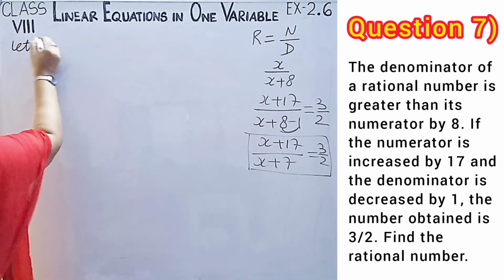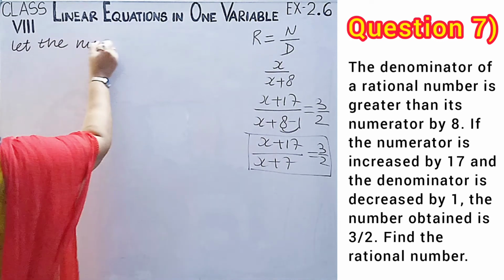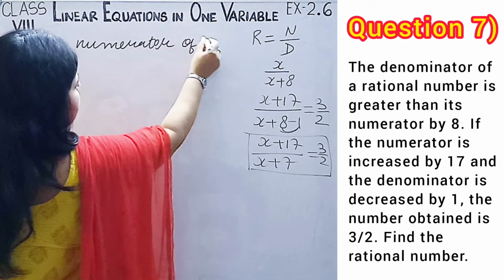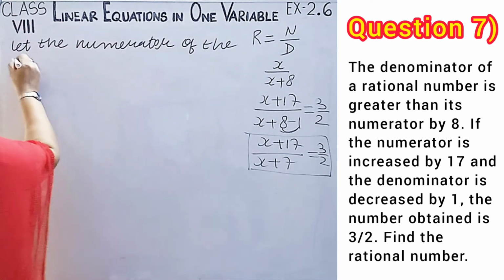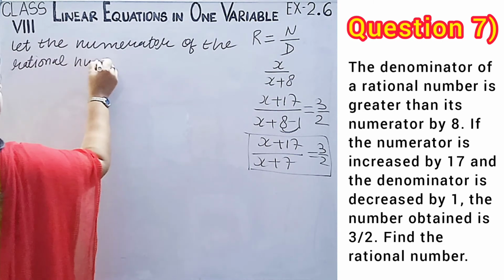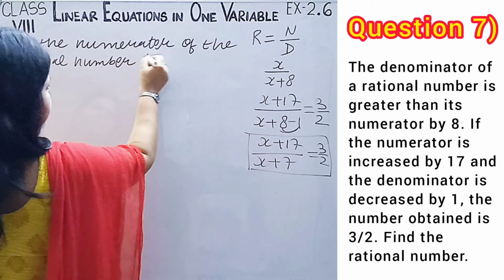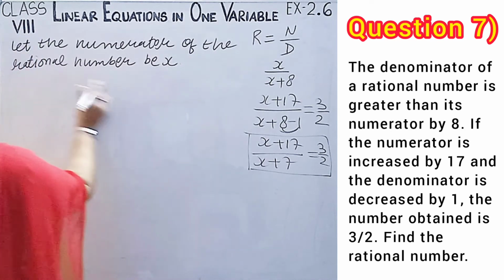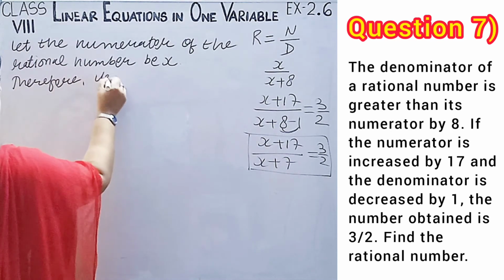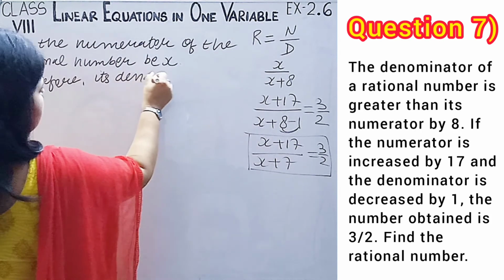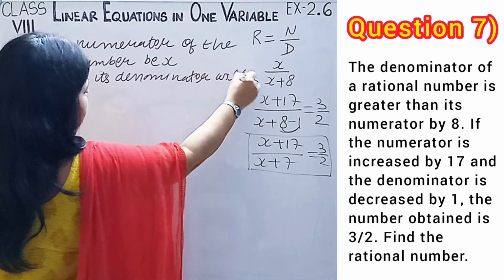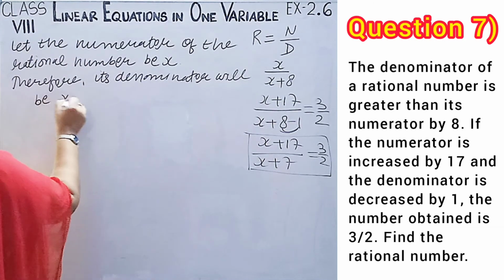So coming to the statement part. Let the numerator of the rational number be x. Therefore, its denominator will be x plus 8.